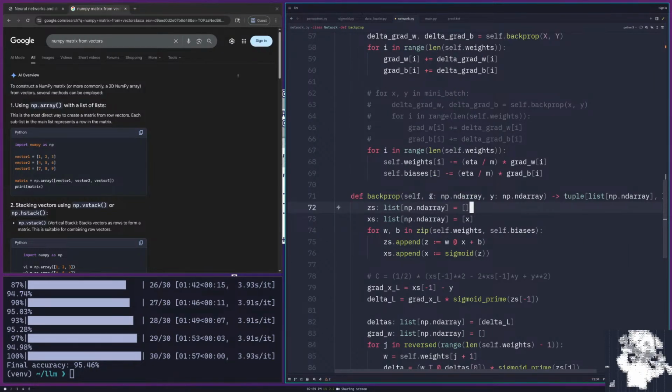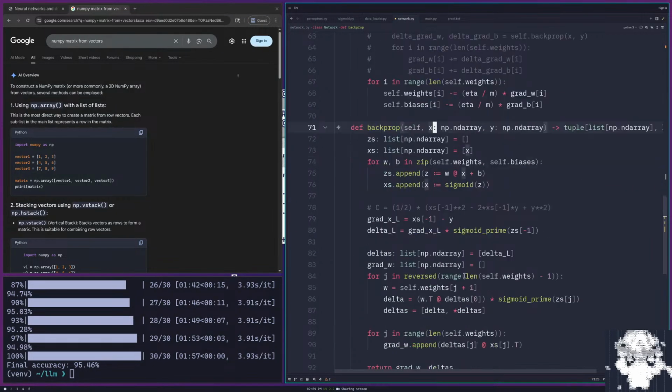So each of the X's is a matrix now, which is fine. But the result of this is a matrix, so I can't just use B like this. I have to have B be a matrix also.